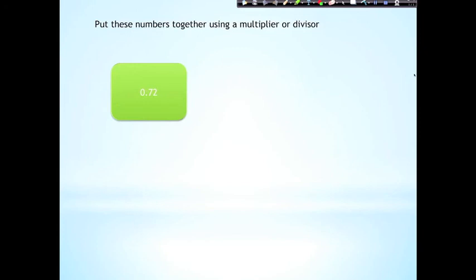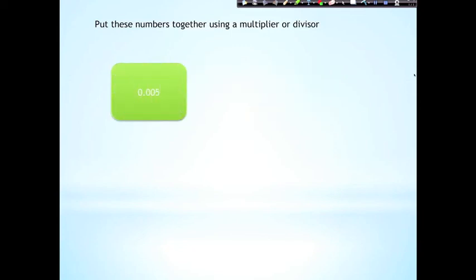Okay, the next one, 0.72, and this number goes to 7.2. So from 0.72 to 7.2, are we multiplying or dividing, and then by how much? Okay, and the answer is timesing by 10.